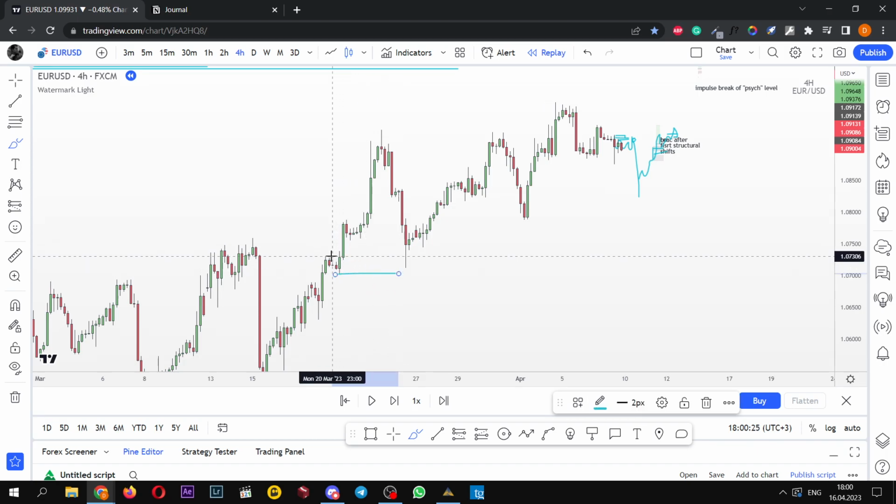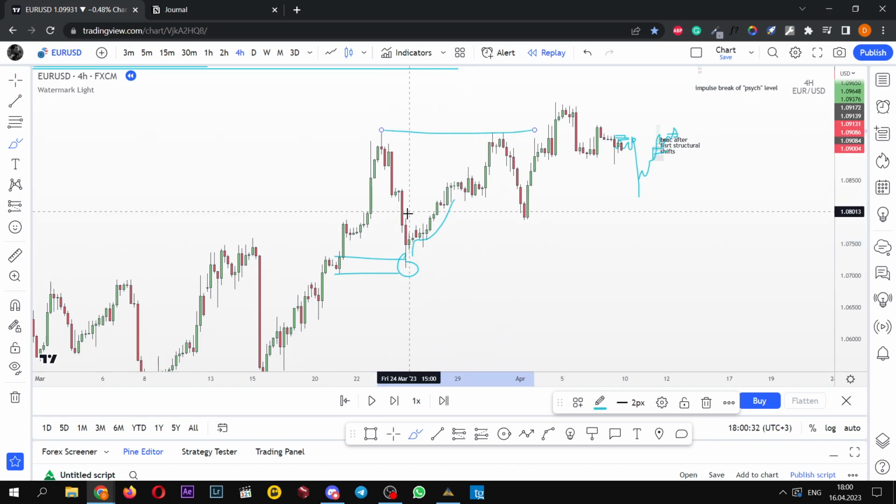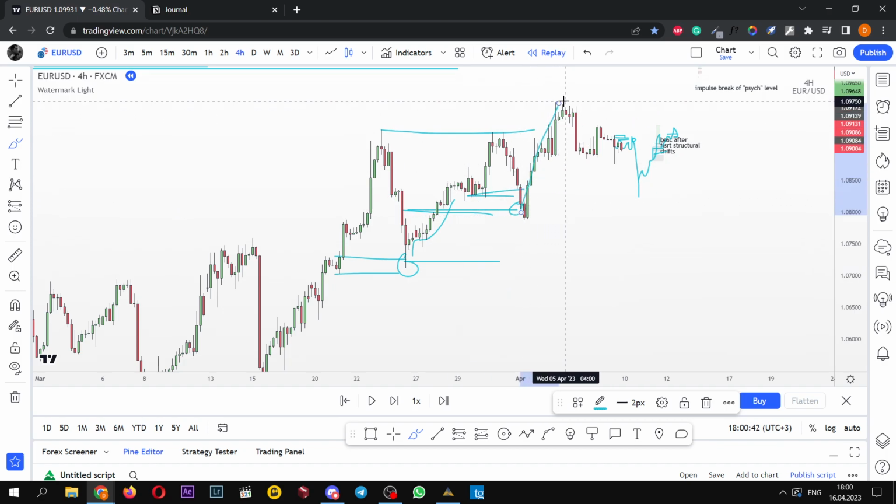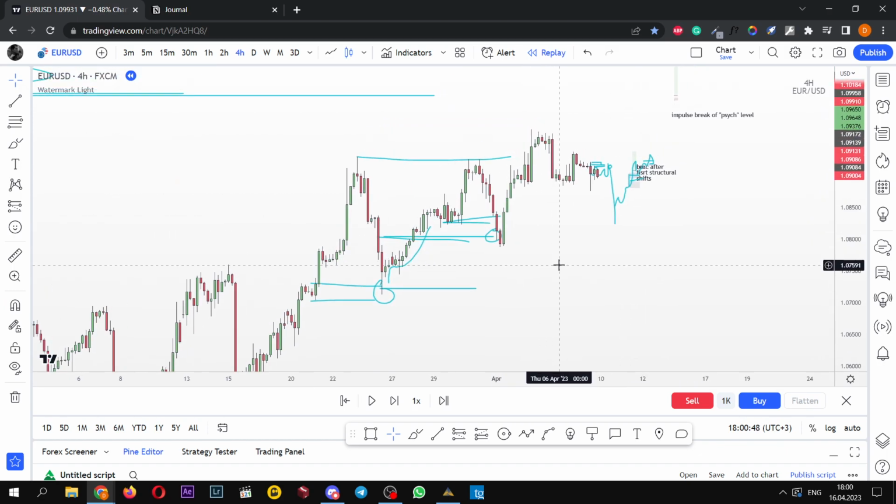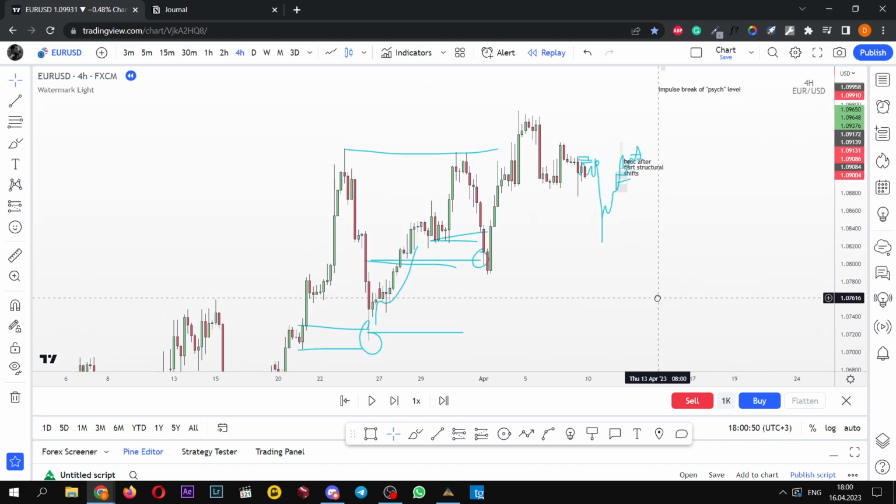So this was the protected low previously, mitigated it, started to move up, didn't make a break, started to build this chain from inside structure, maybe reaccumulated based on maybe 1 hour, something like that, created a break, and we were in this bullish 4 hours range during the beginning of the week.